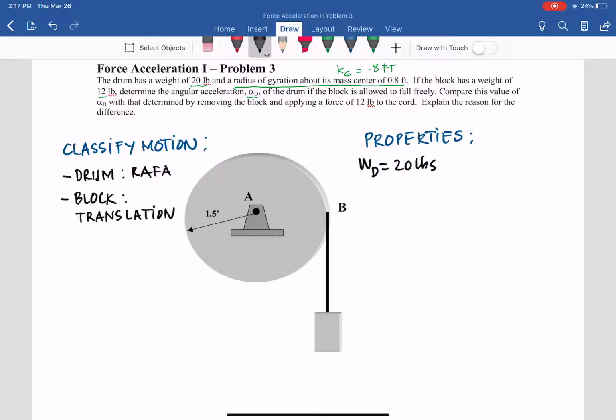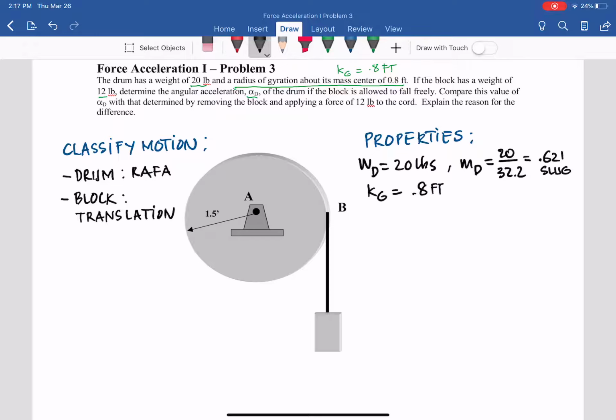So from that, you can have the mass mD equal to 20 divided by 32.2 feet per second squared. So we have 0.621 slug. And then we also have the radius of gyration, kG equal to 0.8 feet.